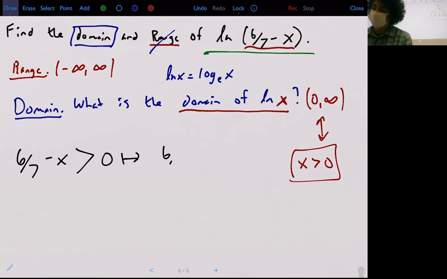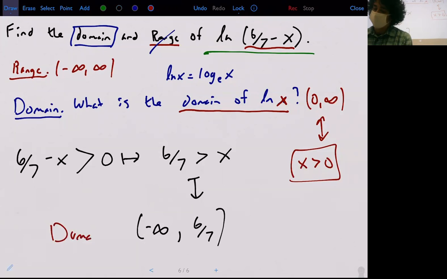Solving for x, we get 6 divided by 7 is greater than x. And writing this in interval notation, this says that all the x values are going to be between negative infinity and 6 divided by 7. And so this is going to be the domain of our logarithm.